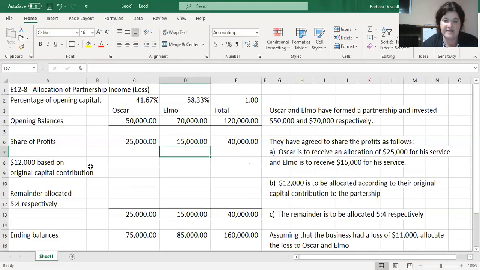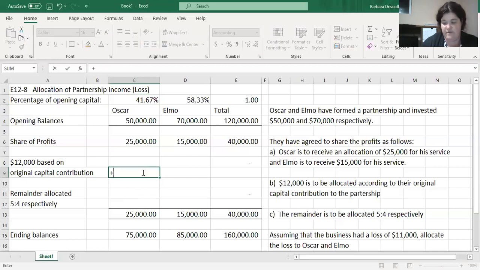It then says the next $12,000 is to be allocated according to the original capital contribution. So we're going to allocate $12,000 based on the original amount of capital that Oscar and Elmo contributed. Oscar originally contributed $50,000. Elmo originally contributed $70,000, for a total of $120,000. $50,000 divided by $120,000 is 41.67%.